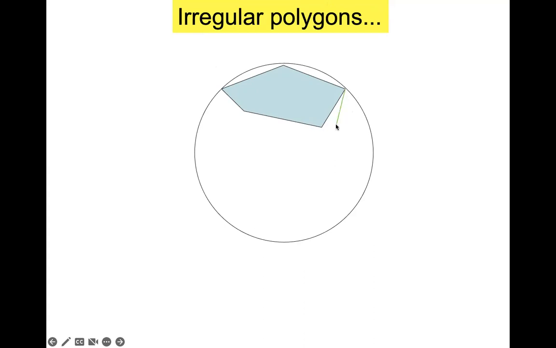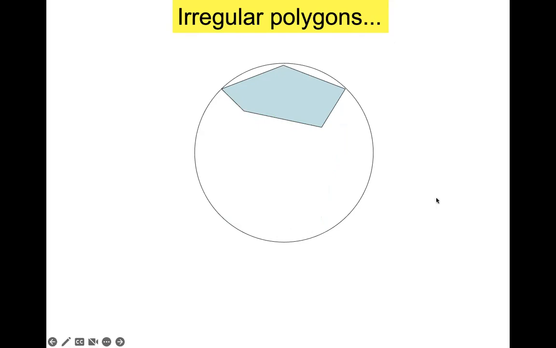So, for instance, if I extended that side to right here, and then another side from there to there, and then connected from that to that, I'm ignoring this part right here. Notice I still have 1, 2, 3, 4, 5 sides. So there's an irregular pentagon inside of the circle. But what I'm saying is that not all irregular pentagons or polygons in general can be inscribed. And most irregular polygons cannot be inscribed.